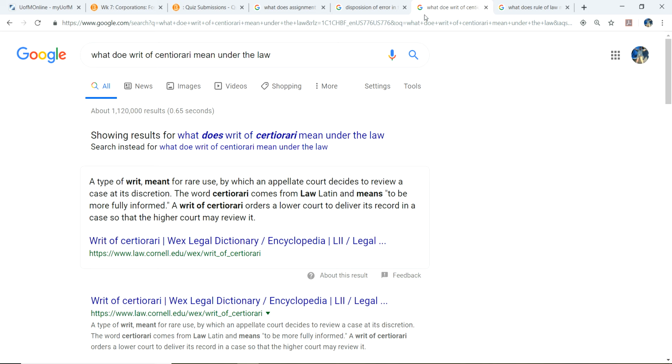It basically says here that a writ is rare and used by an appellate court basically to order a lower court to deliver its records to the higher court, the appellate court, so that they may review the actual records. We'll go on to the next answer.